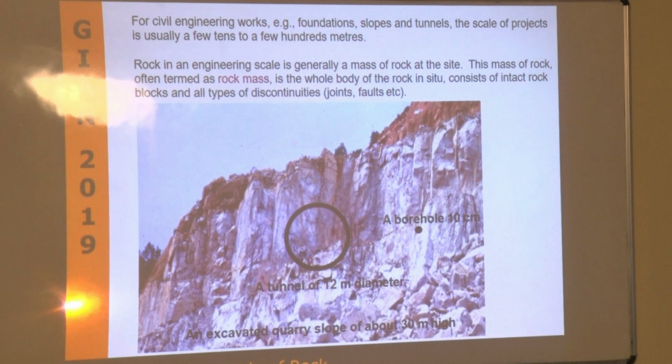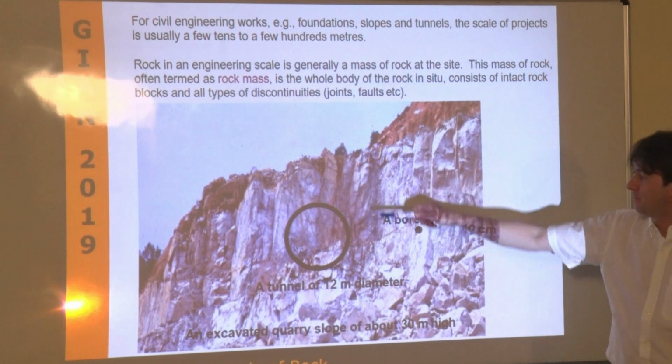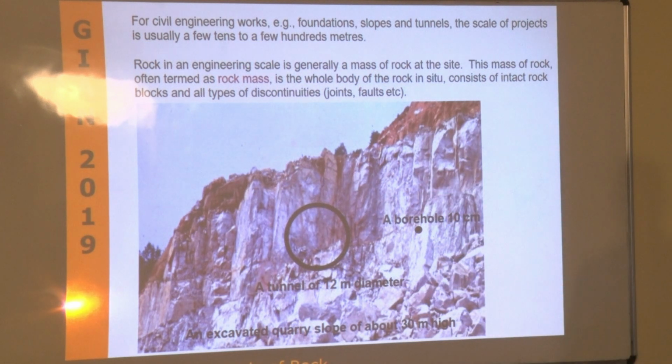So depending on how fractured your volume is, you might use something specific. But even with all that, there are so many features that you definitely need to account for them, and probably you want to use some sort of Hoek-Brown strength criterion for rock masses.